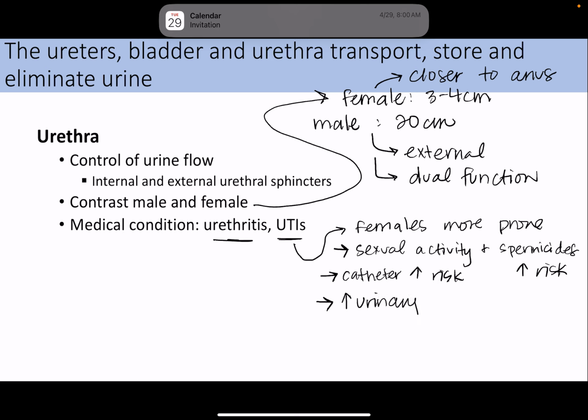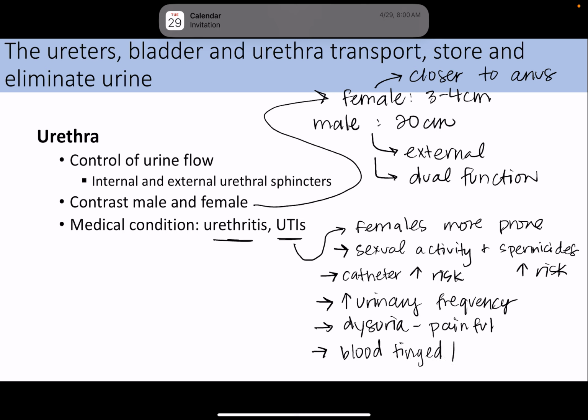So you're going to have to urinate more frequently. You may have dysuria, which is painful urination. And it may cause blood-tinged urine or also foul-smelling urine due to the bacteria.